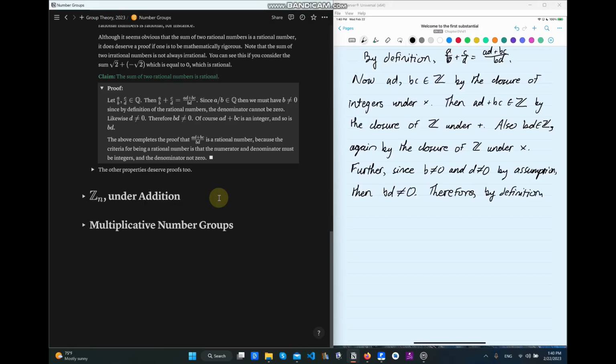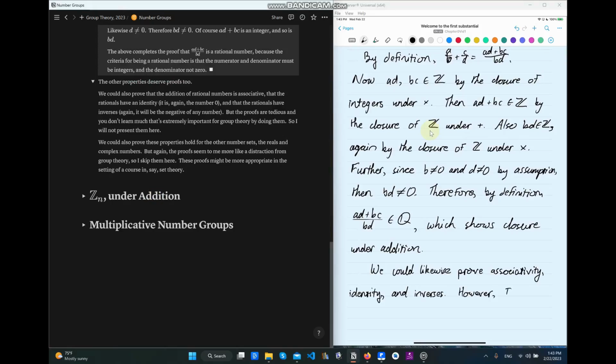Okay. Now, ad and bc are both integers by the closure of integers under multiplication. Then ad plus bc is an integer by the closure of integers under addition. Also notice that bd is an integer, again, by the closure of multiplication of integers.